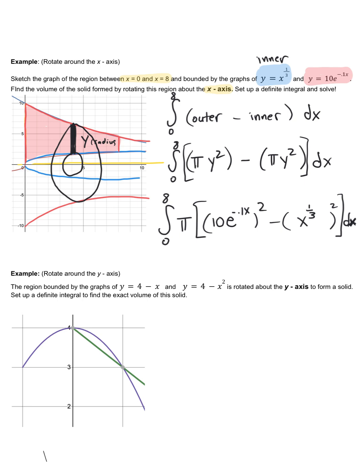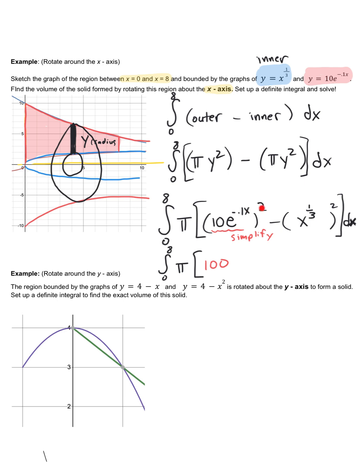For those of you with the newer calculators, you can punch that in just as is. For those of you with the older calculators, it is really nice to simplify this so it's easier to punch in. So let's simplify. Again, we're going from 0 to 8. The pi is still out here. Here we have an exponent outside of a set of parentheses, so everything in there has to be squared. 10 squared gives us 100.